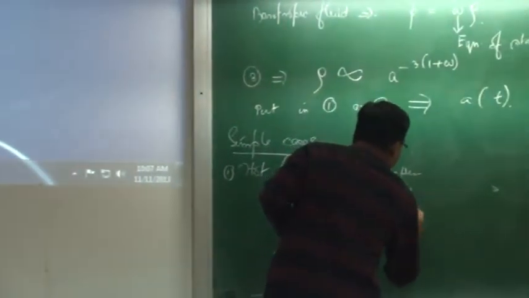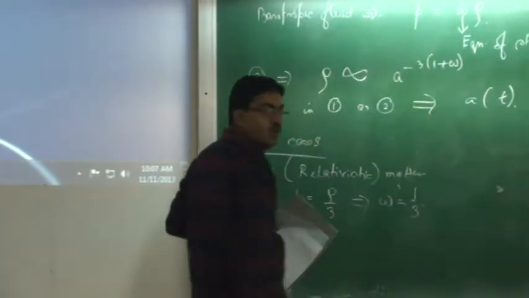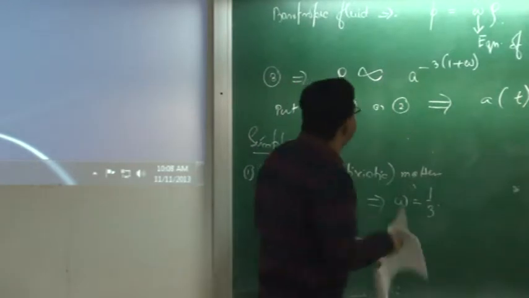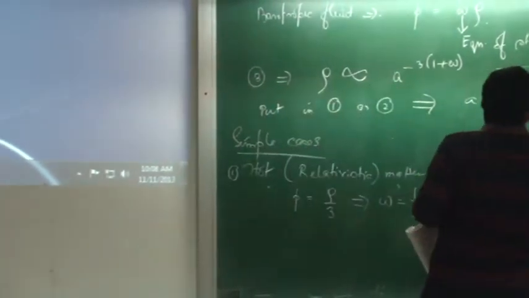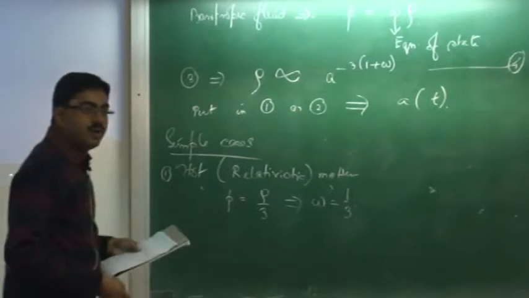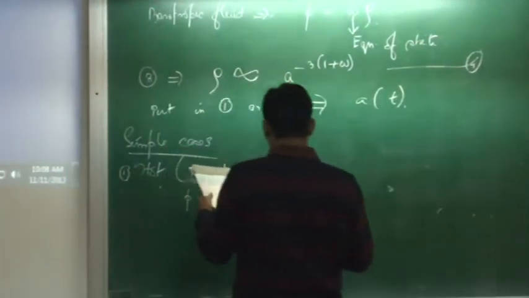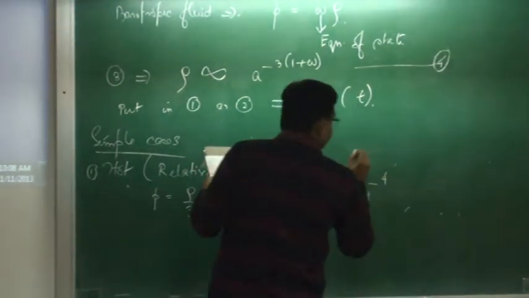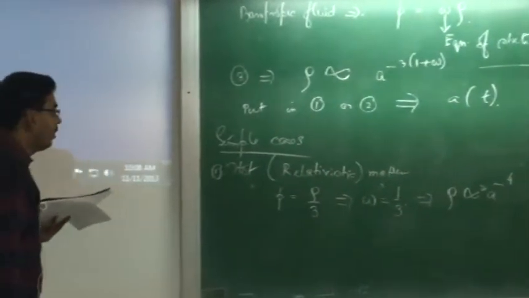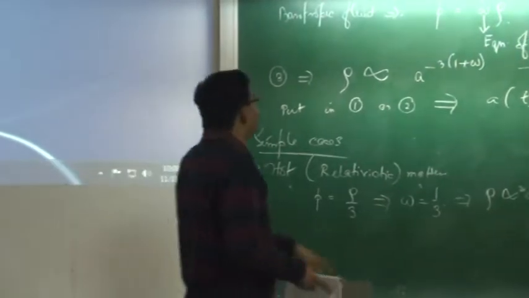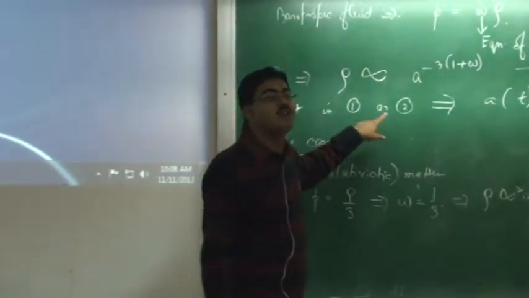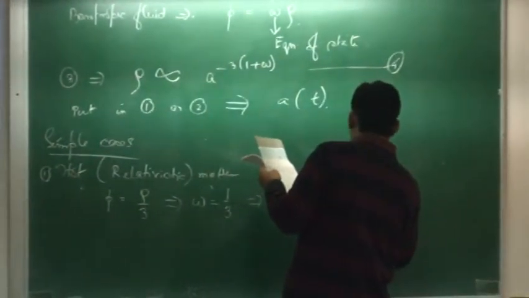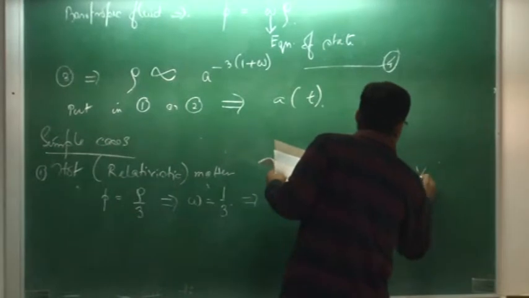Omega is 1/3 from this equation. If you put that value of omega into this equation, let us call it equation number 4, this readily gives you rho proportional to a to the power minus 4. If you put this expression into either equation number 1 or equation number 2, you can readily check that your scale factor a(t) is proportional to t to the power half.